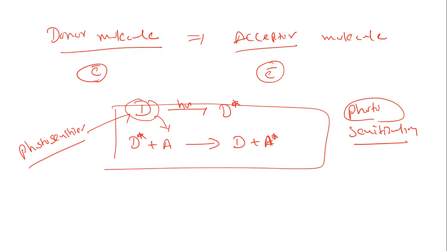Now how does this transfer of energy from the donor to the acceptor proceed? Let us give an example. Suppose D has 2 electrons. When it gets excited, it is converted into D star, and both the electrons are paired. Now what will happen if it goes through intersystem crossing?